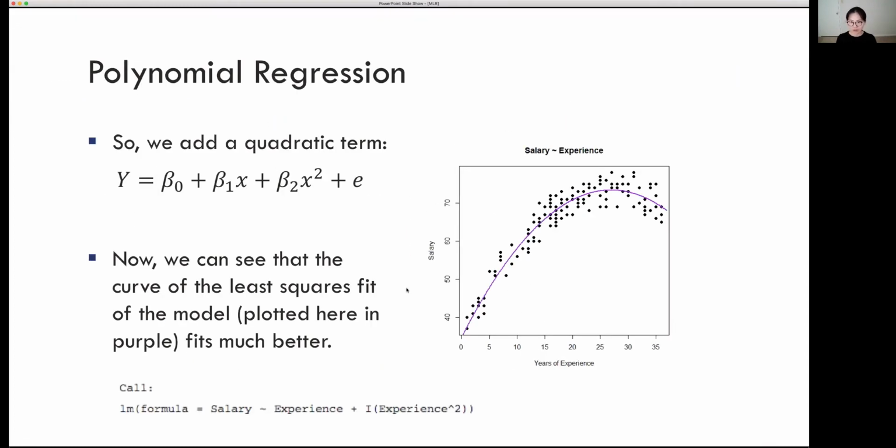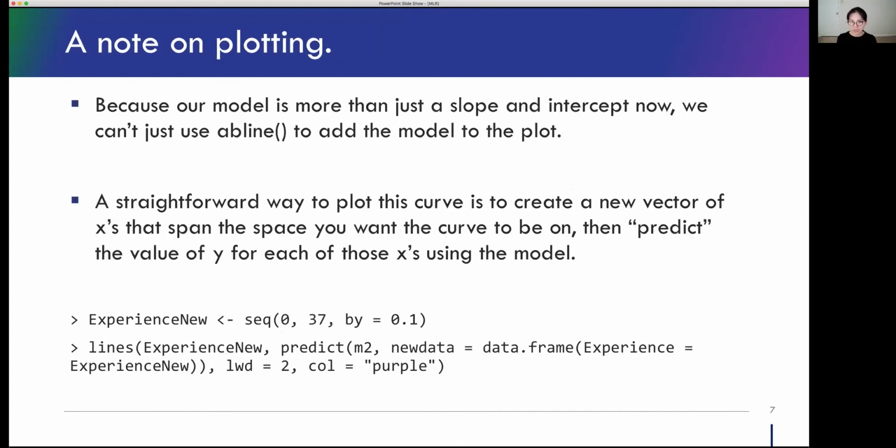And I have a note on how to do the plotting. Like in here, how did you add the purple line to the plot? Because it's no longer a straight line, we cannot just use the abline function to add the model to the plot. So a straightforward way to plot the curve is to create a vector x. I call it experience new. It's a vector that spans the space you want the curve to be on. And then you do the prediction.